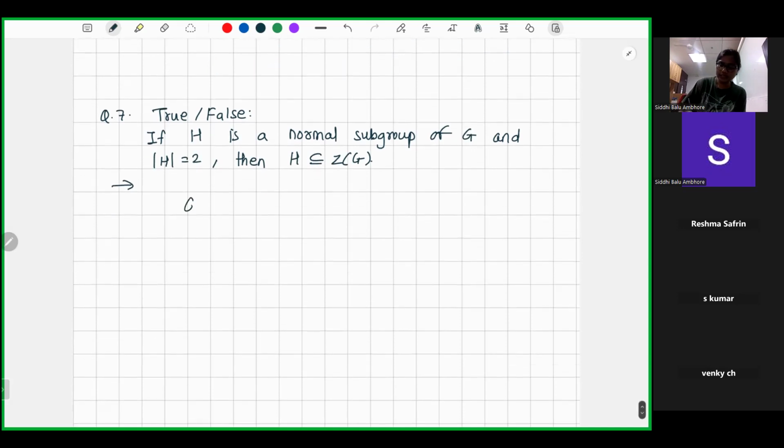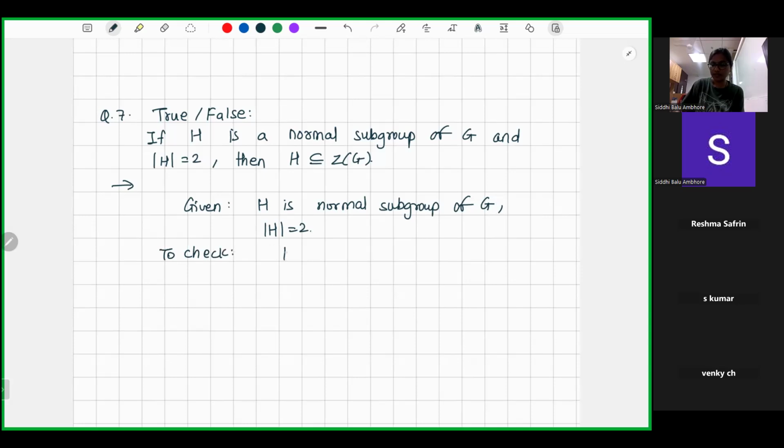So here the only thing given is that H is a normal subgroup of G and the cardinality of H is 2. And we have to check that H is a subgroup of Z(G).